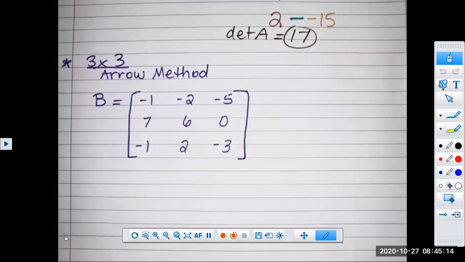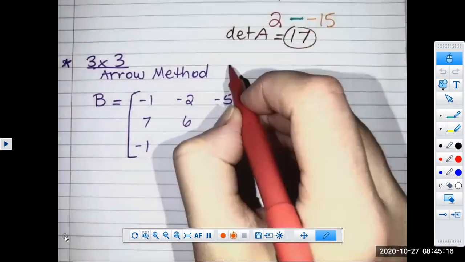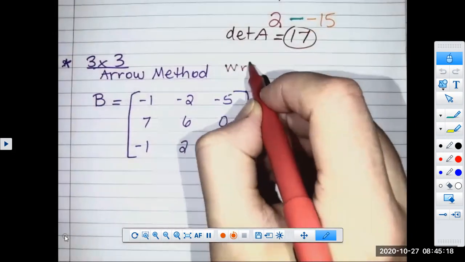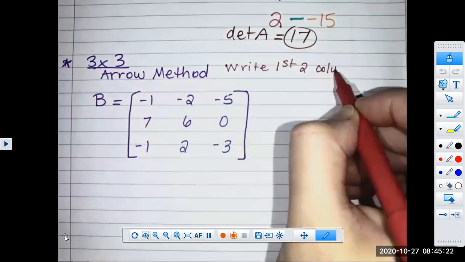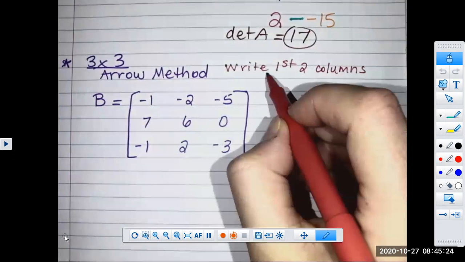Okay, for the arrow method, your first step is to write the first two columns to the right.